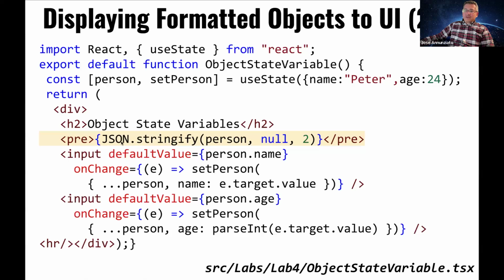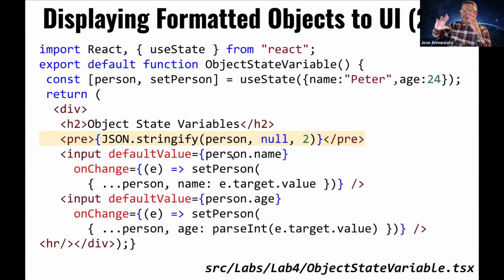It might even be worth creating a little reusable component where you can just pass it a reference to a JSON object, and then it'll just display it nicely formatted. Right? So here we can keep track of what happens to this person when we modify it and confirm that the properties are changing, whether it's the name or the age.